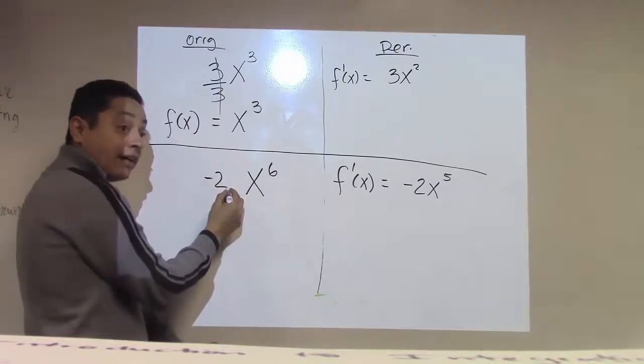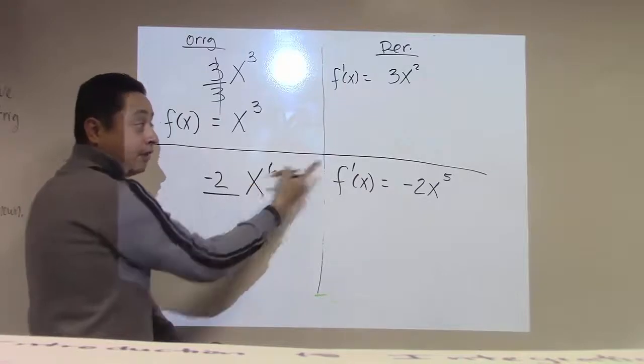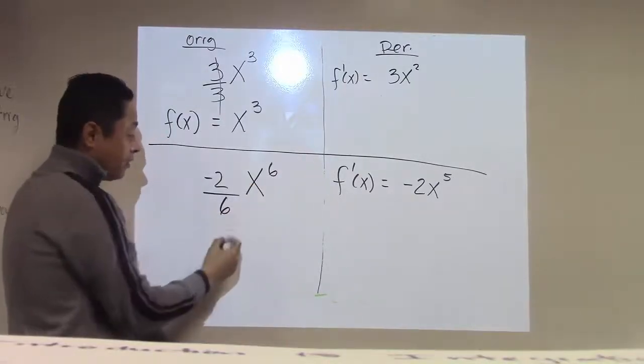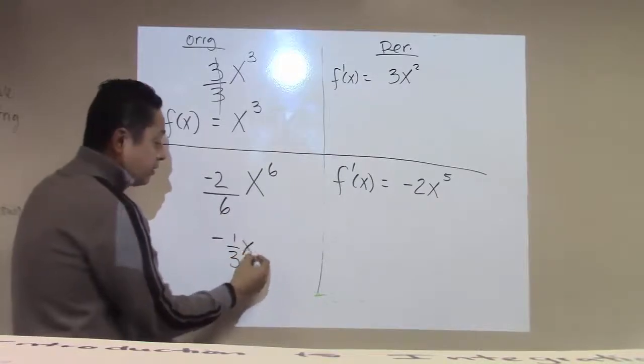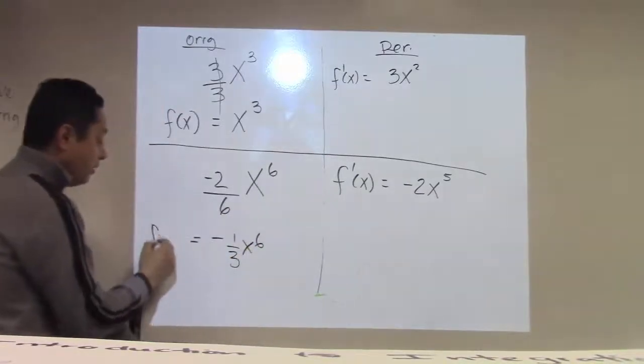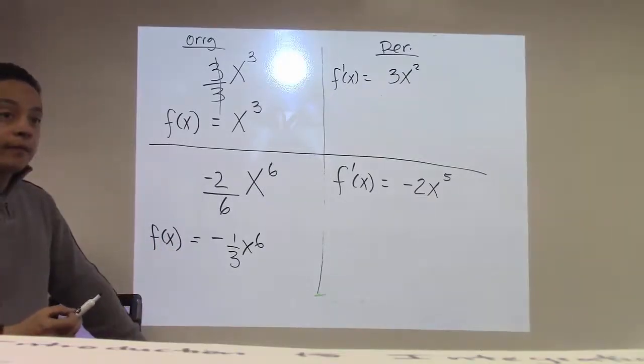We have to divide by the number after we have bumped it up. Not the 5, but the 6. So my final answer is minus 1/3 x to the 6. And this is going to be called f of x. So far so good?